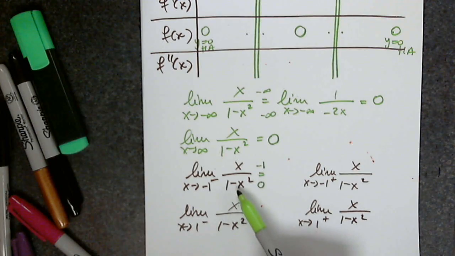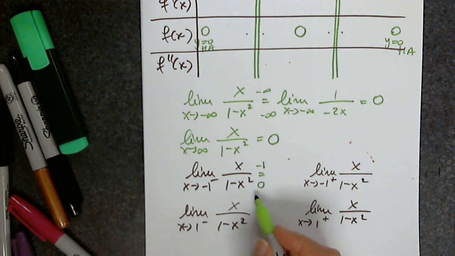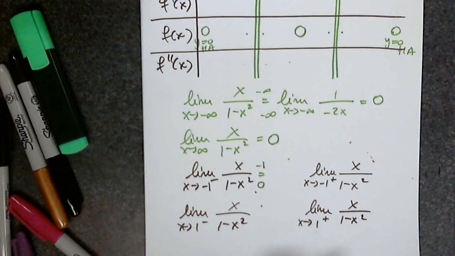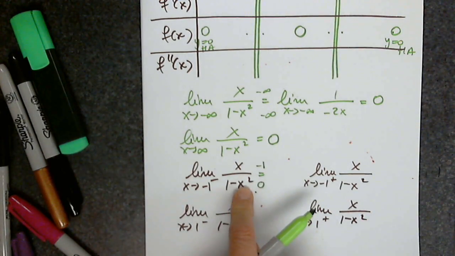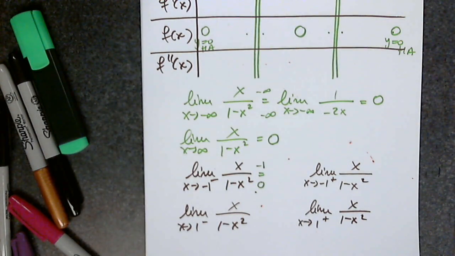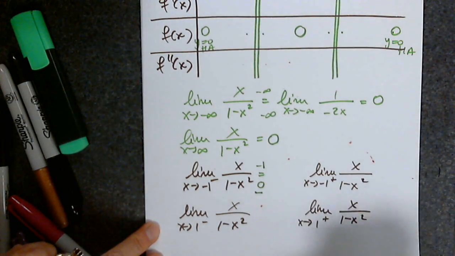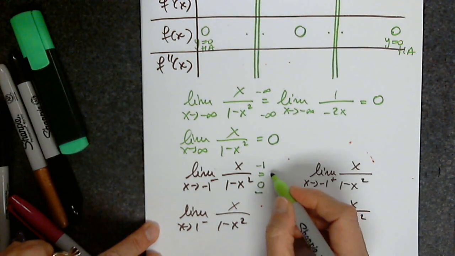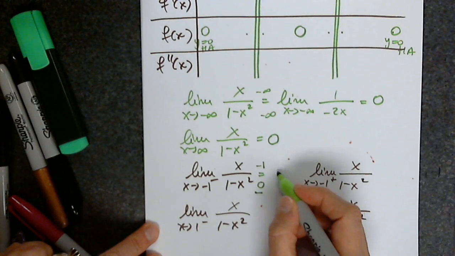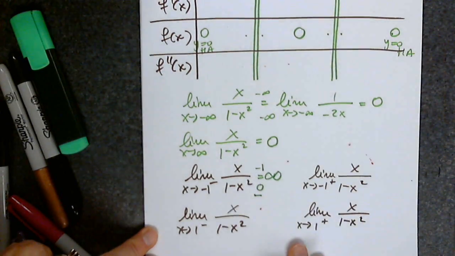Which of these two will be bigger? -1.1 squared is a positive number. Does that exceed 1? If it exceeds 1, then the denominator is negative. If this does not exceed 1, then the denominator is positive. It exceeds 1. So then here this is what? Very good.